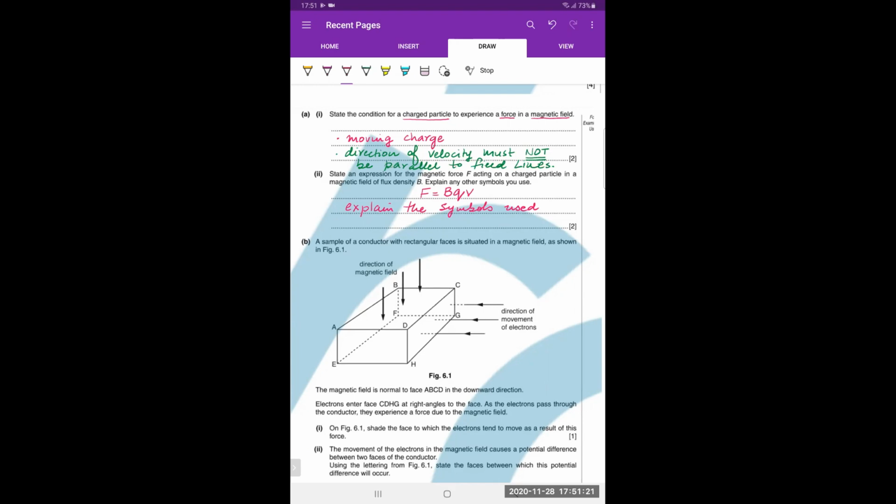Sorry. So I just repeated that ना कि B for magnetic flux density, Q for magnitude of charge, V for the speed of the charged particle. ठीक है, मैंने नहीं लिखा, but I've just verbally stated that symbols की explanation क्या करनी है. Alright, सही है. Next वाला part देख लेते हैं.